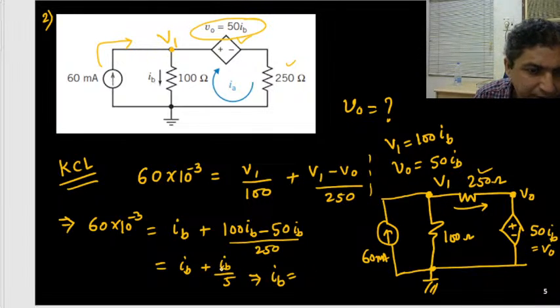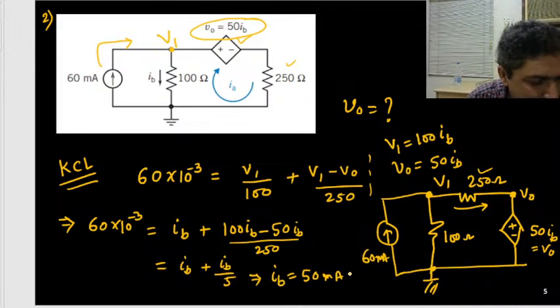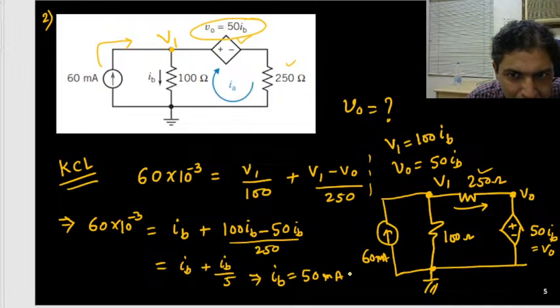So it will be 5 IB and IB is 6 IB. The 6 will cancel out. I think it is 50 milliampere. Am I correct? Is it 50 milliampere?